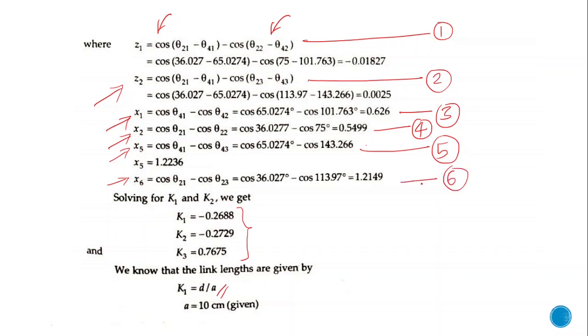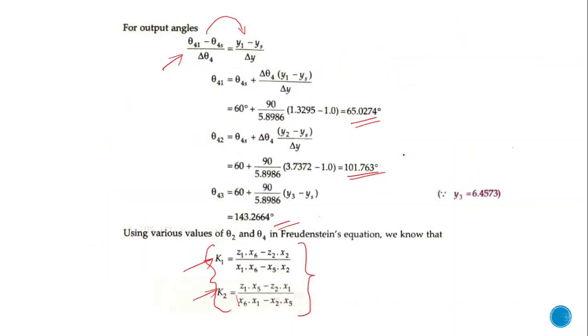Total 6 equations are there to find out Z1, Z2, X1, X2, X5 and X6. And also we must know these two equations, the equations for K1 and K2.